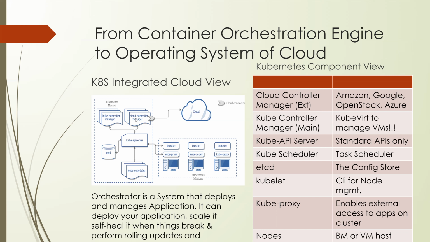The cloud controller is not part of Kubernetes, it is external. It was earlier part of the controller, but AWS moved out. So all the cloud providers are now external to Kubernetes itself, and they can also demand something from the cloud to do some of the things that Kubernetes needs to provide.